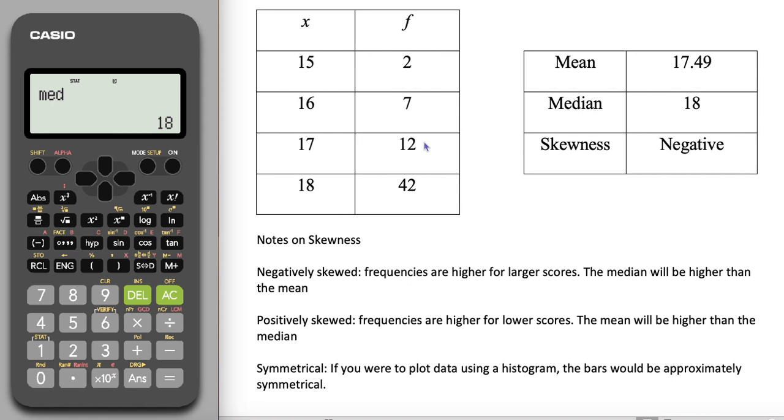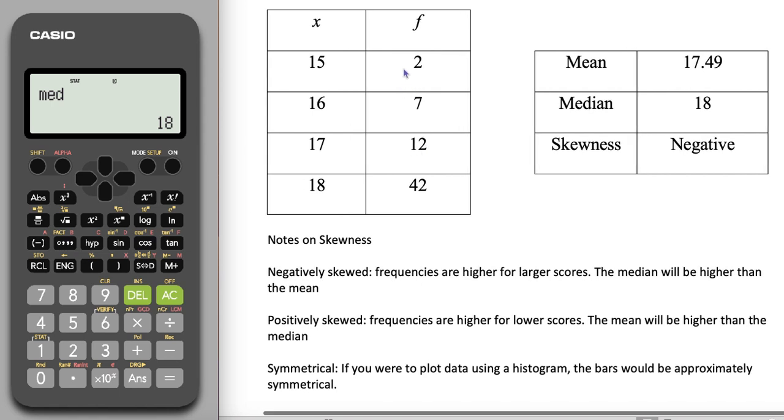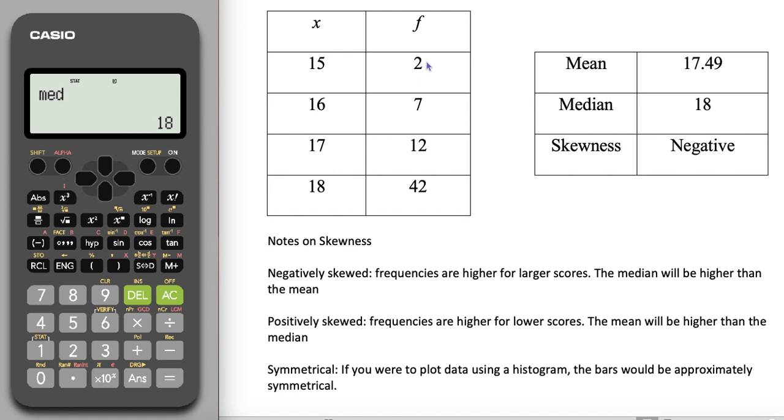We call that a negative skew. Now, if it was lumpy towards the other end, for example, if that was maybe, I don't know, 200, and that was 70, and that was 12, and that was maybe 4, it was biased towards the lower end, we would call that a positive skew.